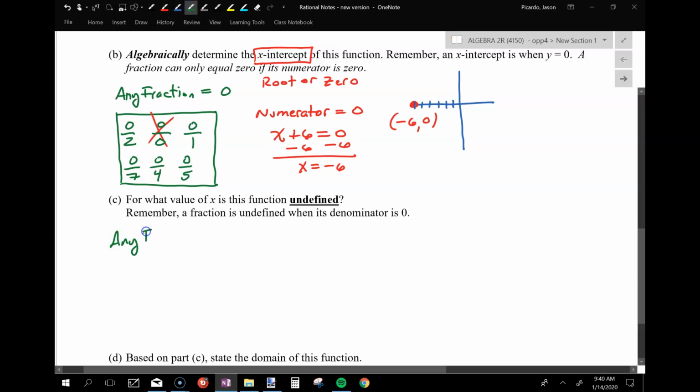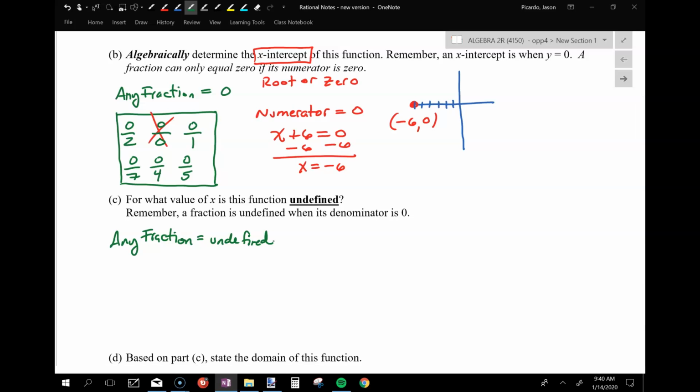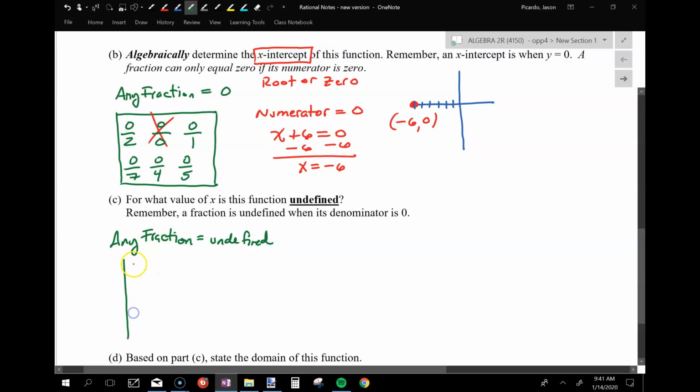Ready? The third person, the second person, the first person. Go ahead, Jelani. Jelani says 5 over 0.